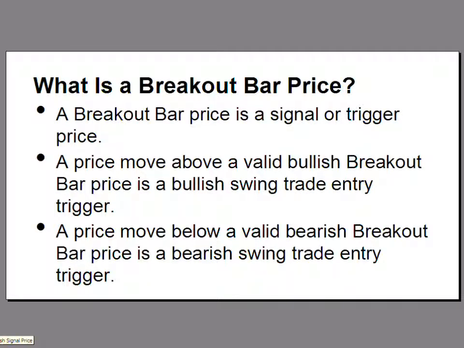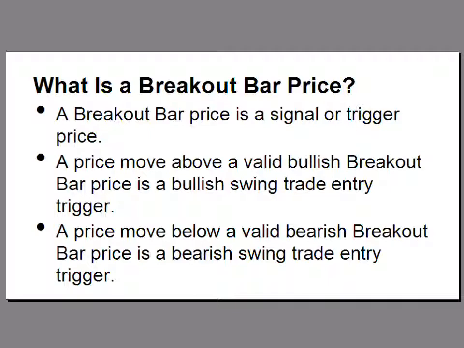But first, let's just review what is a breakout bar, or more importantly, a breakout bar price. A breakout bar price is a signal or trigger price. A subsequent price move above a valid bullish breakout bar price is a bullish swing entry trade trigger, and a price move below a valid bearish breakout bar price is a bearish swing entry trade trigger.